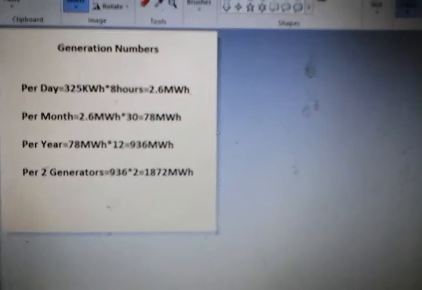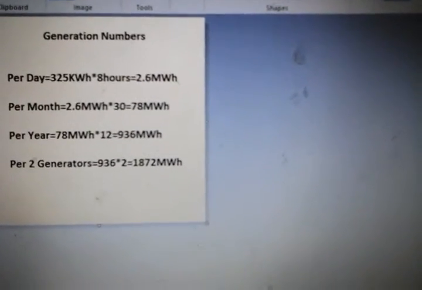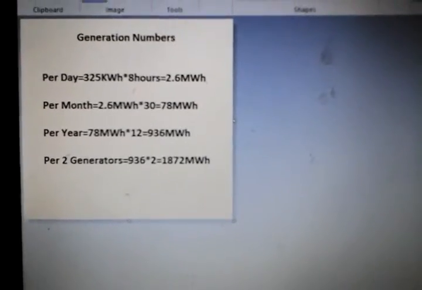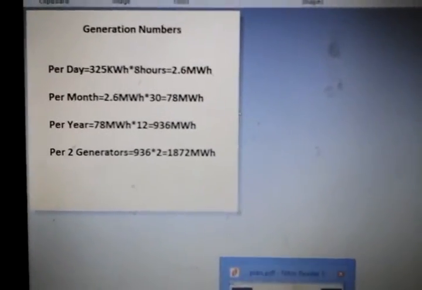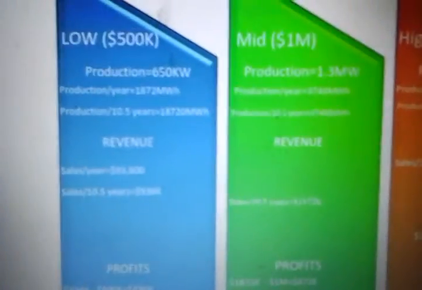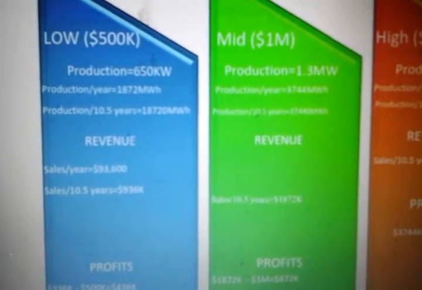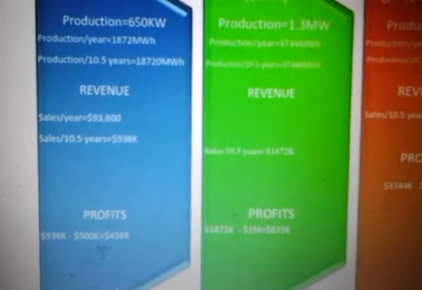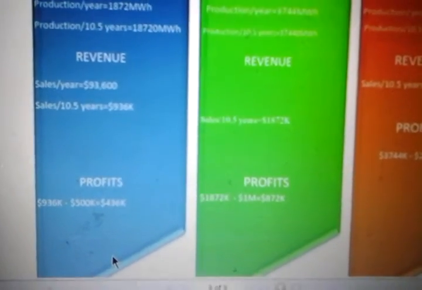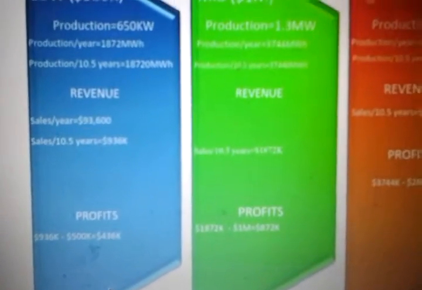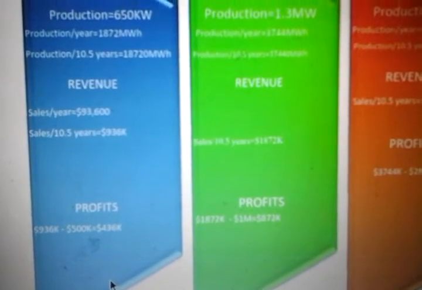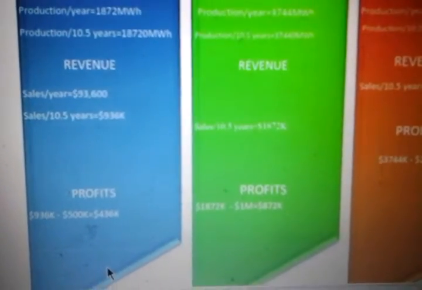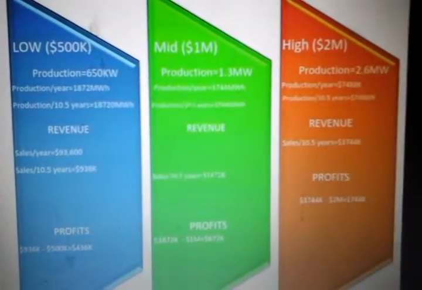And if using two generators based on our small investment module, we'll get 1872 megawatt hours. So that is, then we get into the years, and sales per year, we multiply that by 0.05 cents, and we get all those numbers.